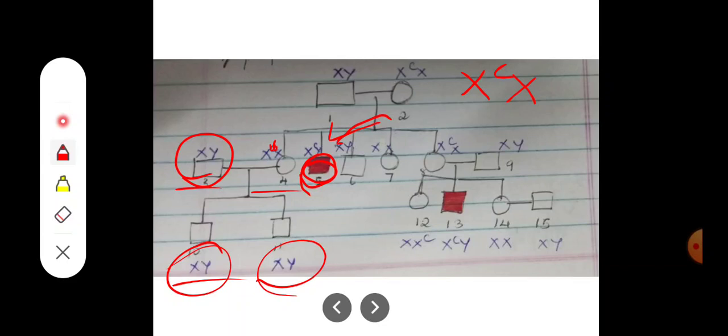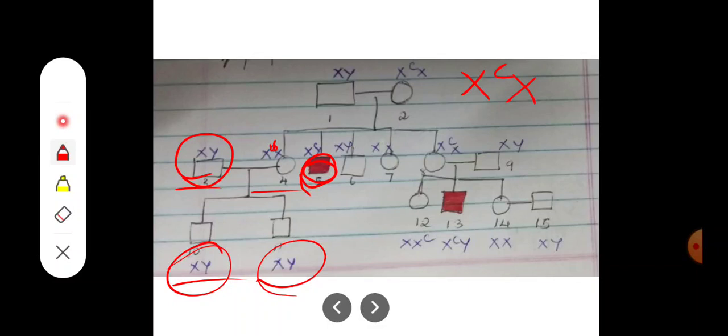Okay, and the fifth genotype we have found, and then the sixth one, you can see it is not a diseased male child, right? So automatically the child will be XY. Then we have another female who has the same genotype XX, or sometimes she might be XC also, right?